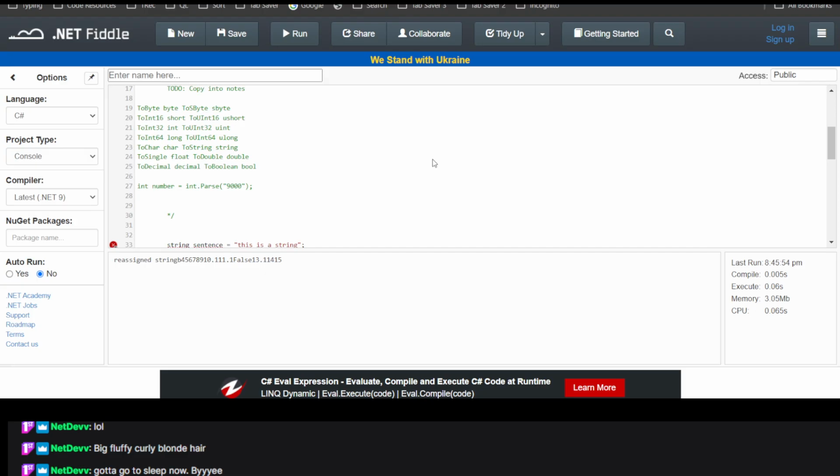Value types are enumerations, you can define your own for that. Tuples, composed of other elements, structs, composed of other elements, and you can define your own. Within value types is simple types, and within simple types is a bool.